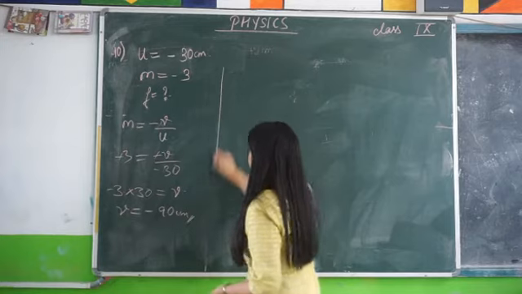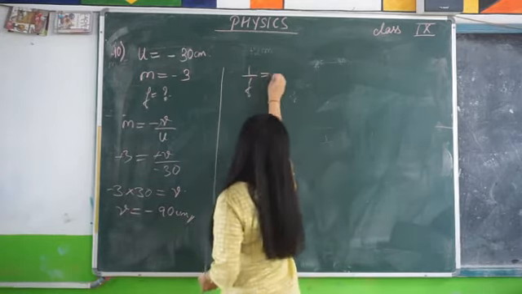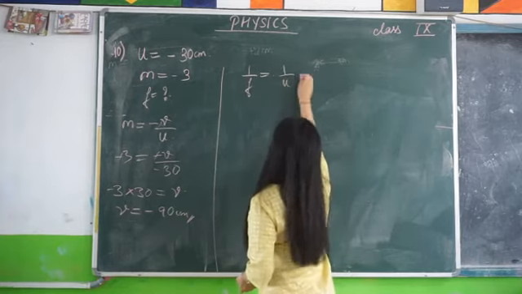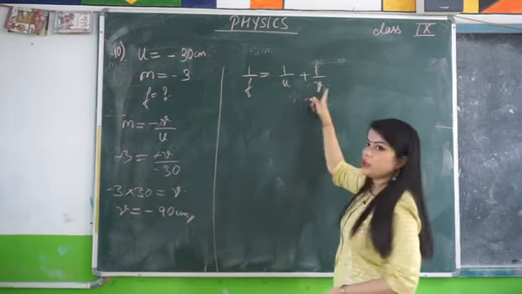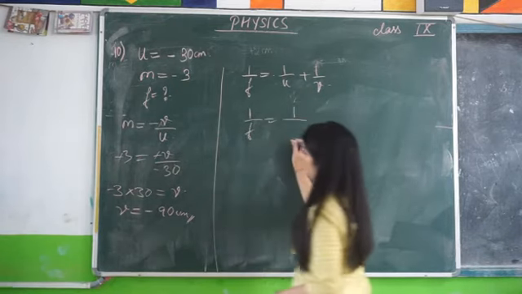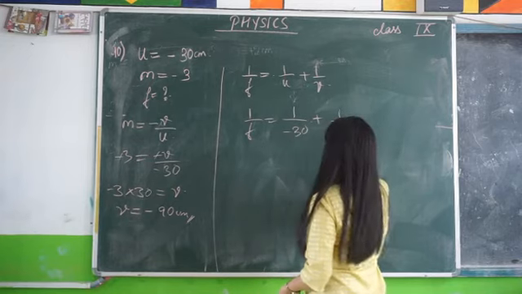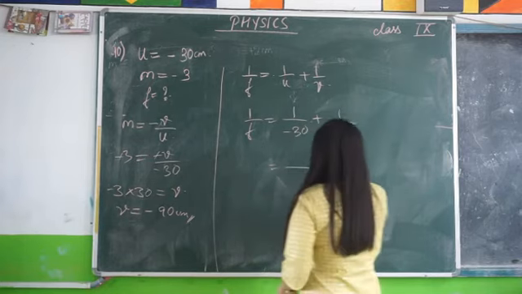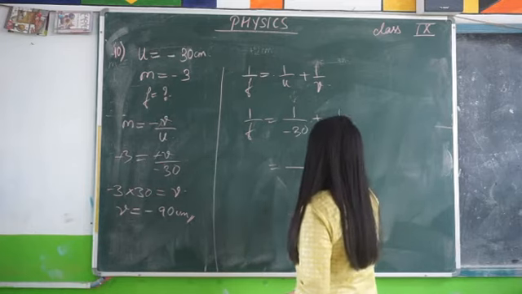Now we can use mirror formula to find the focal length and the focus. This is the mirror formula. So putting the values of v and u, you can find f. Where u is minus 30 plus v is minus 90. Now LCM of 30 and 90 will be 90.